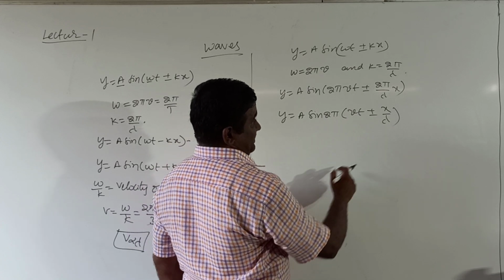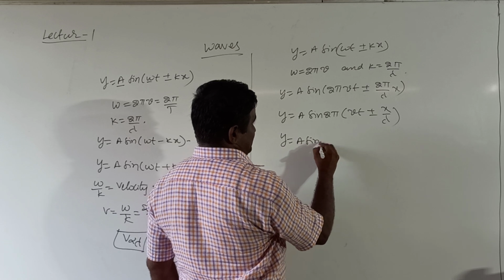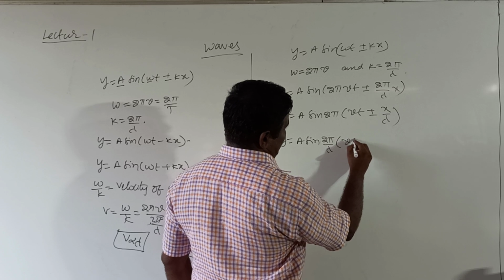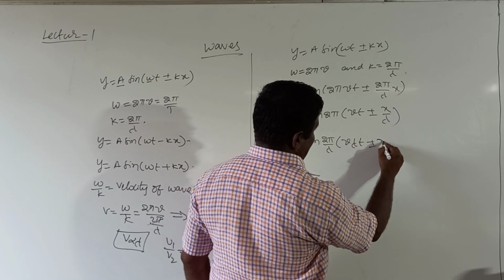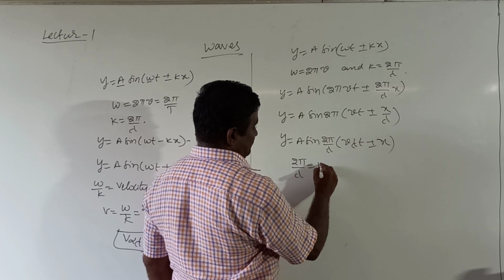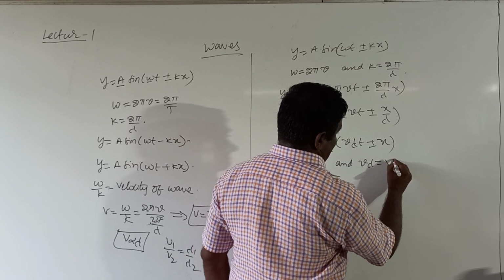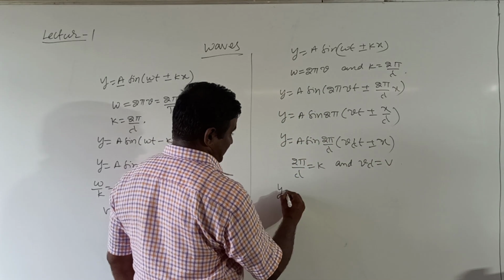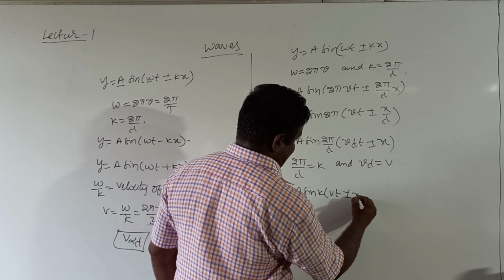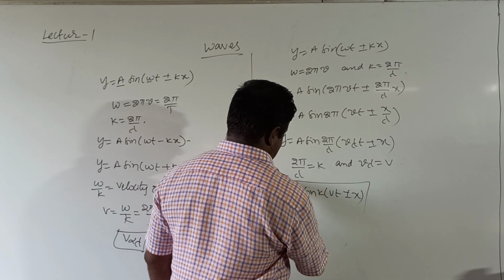Here in this function, if you take 2 pi by lambda common, then y equal to a sin 2 pi by lambda into (mu lambda into t plus or minus x). In this equation, 2 pi by lambda is equal to propagation constant k and mu lambda is equal to velocity of the wave. Then y equal to a sin k(vt plus or minus x) is one more form of progressive wave.